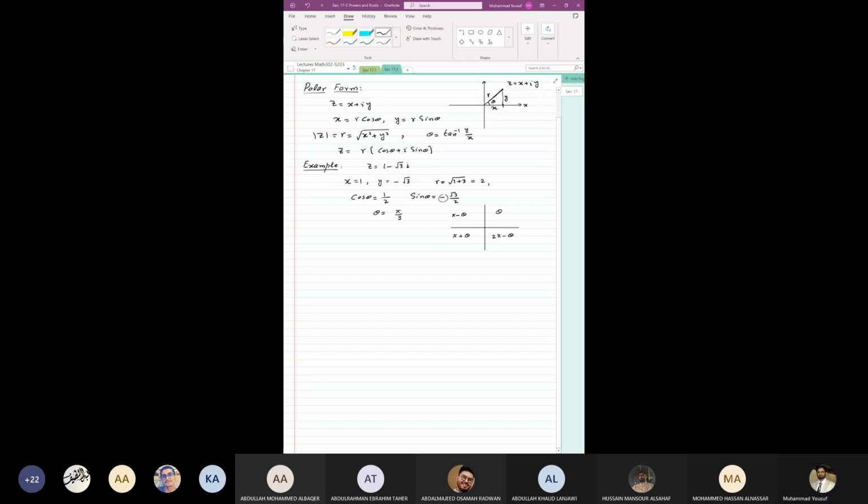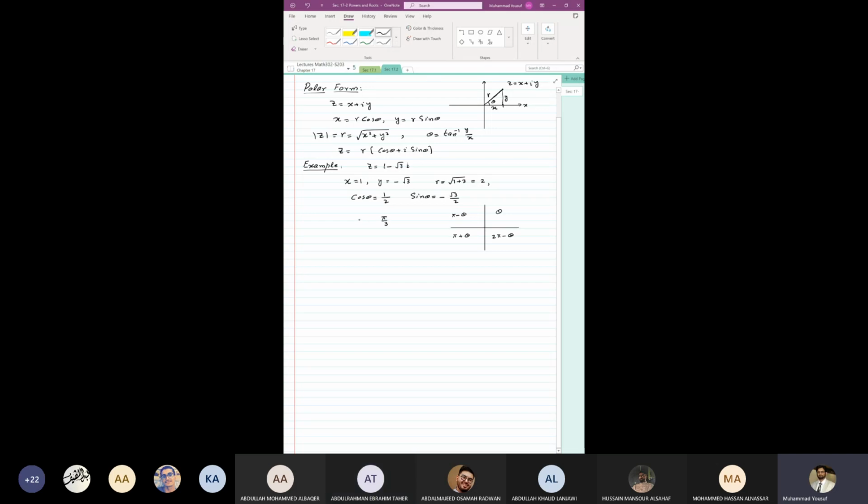So we know theta is pi over 3. So what is the value of theta which gives us these numbers, 1 over 2 or square root 3 over 2? That is equal to pi over 3.